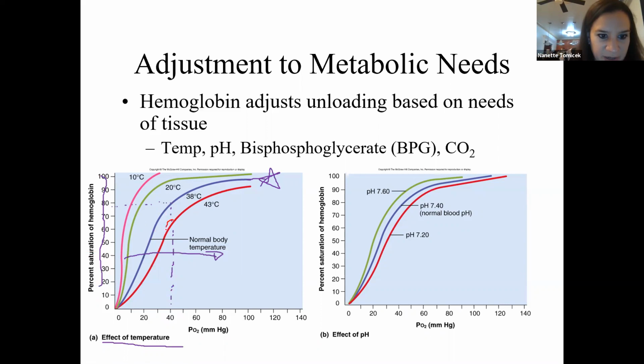But now if we focus our attention on the red curve, we see that we're kind of dipping down here. So if our body temperature goes up, we might have to unload 2 oxygens off of the hemoglobin molecules and get us down to maybe more of a 50%.